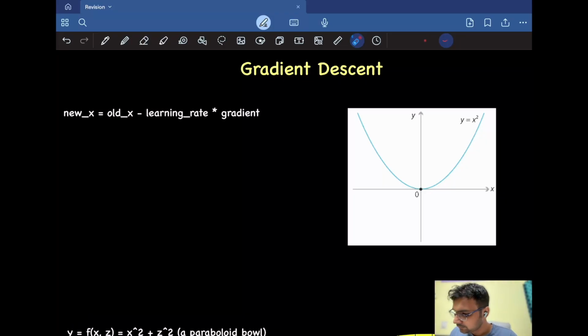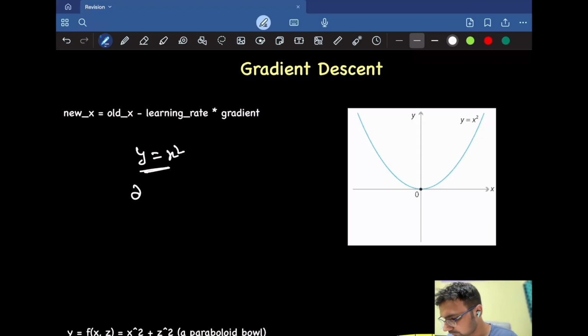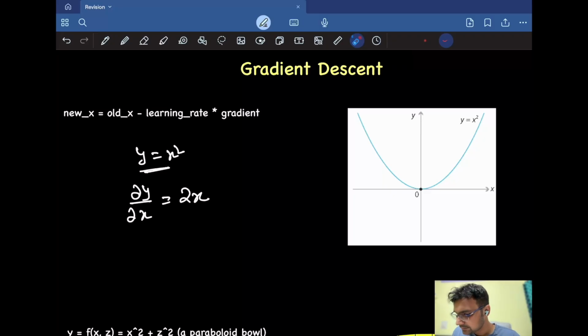Let's say we take a function, y is equal to x square. If we take the slope of this with respect to x, dy by dx is equal to 2x. So this is the gradient of this function.